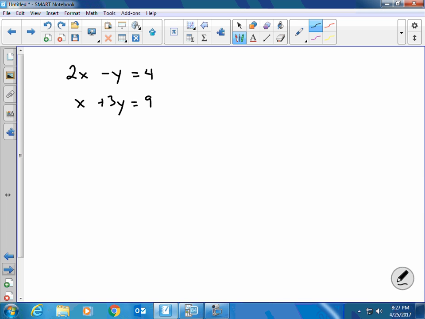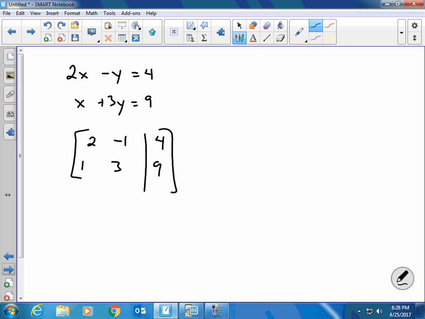So my first step before I even get to that is let's write it in augmented matrix form. So I have a 2, a -1, and a 4. There's my first equation put into a matrix. Second equation, I have 1x, a positive 3y, and a 9. There's my second equation put into augmented matrix form.